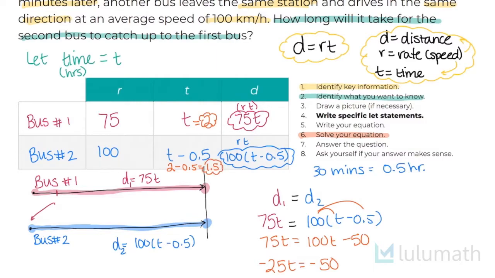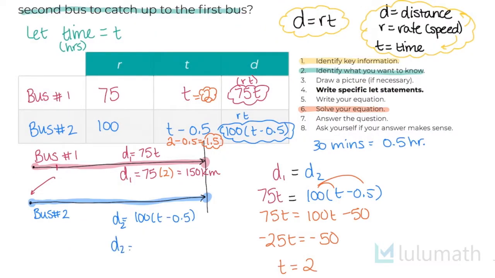So let's go back into our picture and see how this is going to help us out. Well, if D1 is equal to 75 times t, I can do 75 multiplied by the 2, we know it's 2 hours, and when I multiply those two numbers together, I get 150 kilometers. Now for D2, it would be 100 multiplied by t minus 0.5, which we figured out was this 1.5 right here.